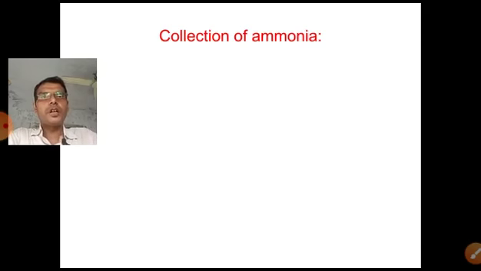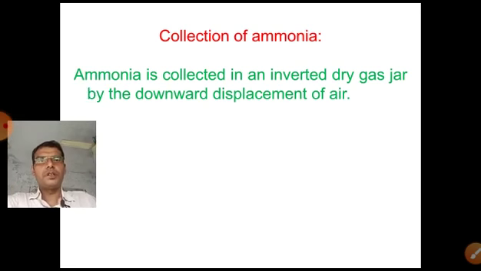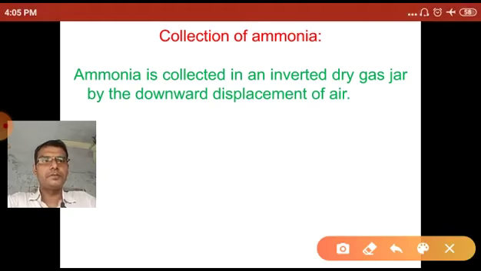Now the collection of ammonia. After drying, the ammonia is collected in an inverted gas jar. Ammonia is collected in an inverted dry gas jar by the downward displacement of air.